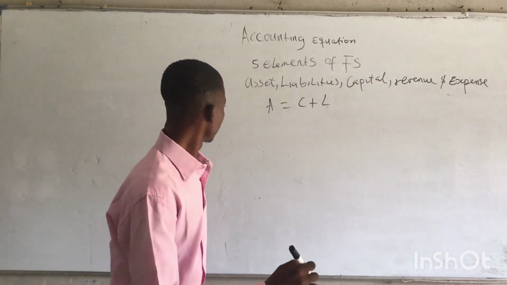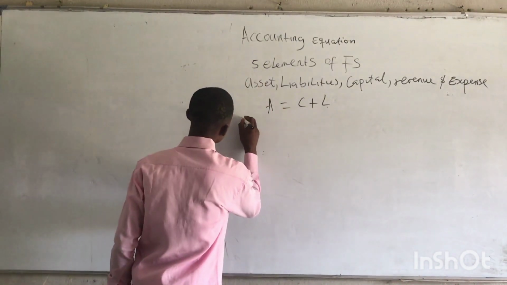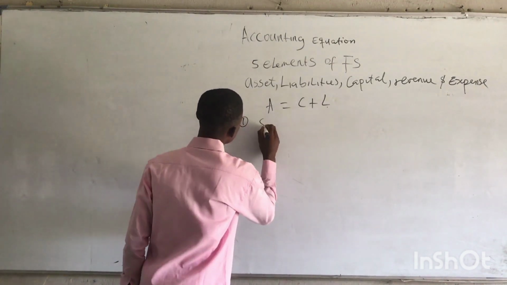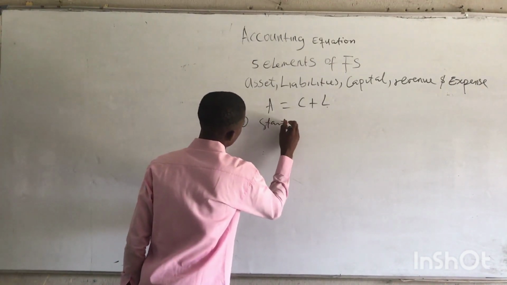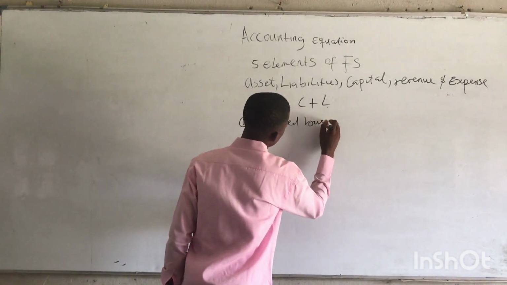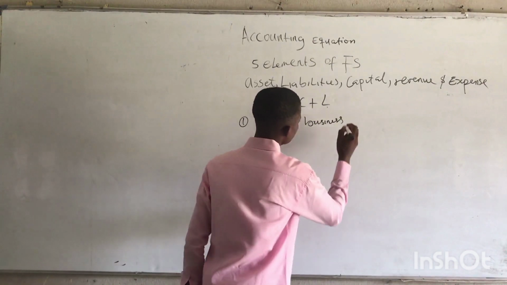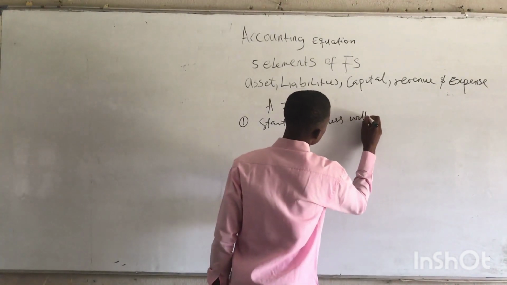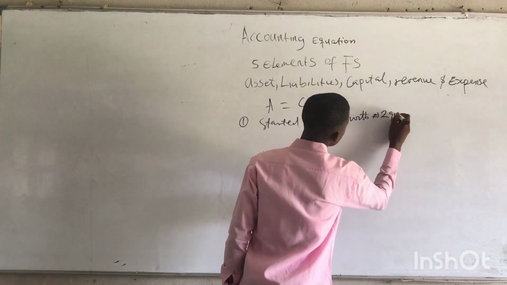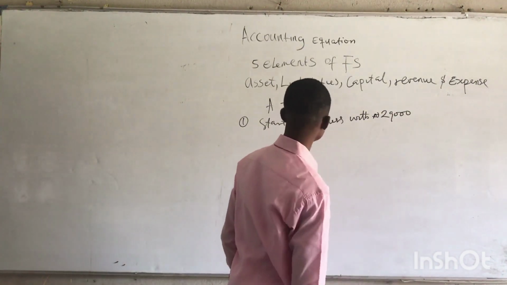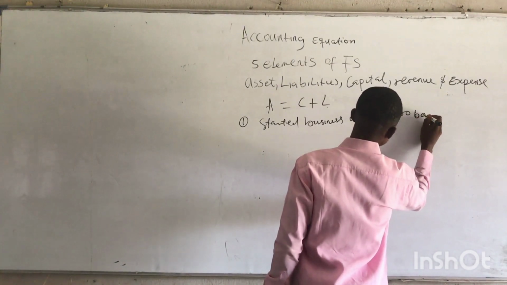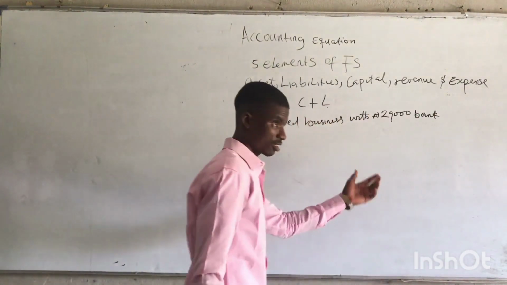Assuming that we have a transaction that says started business with ₦29,000 bank or cash.